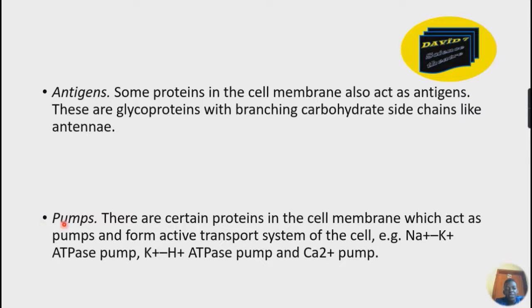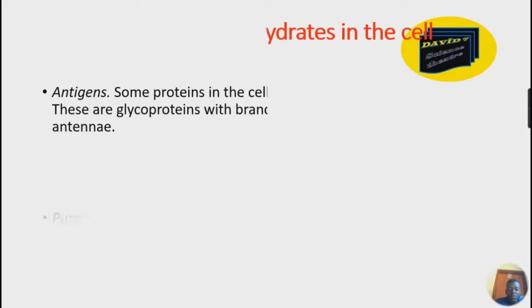And number 5, integral proteins will be pumps. These are certain proteins in the cell membrane which act as pumps and form the active transport system of the cell. As the pumps, we have the sodium potassium ATPase pump, the potassium hydrogen ATPase pump, or potassium proton pump, and we have the calcium pump. All these are integral proteins.